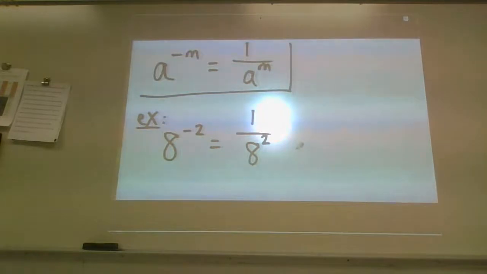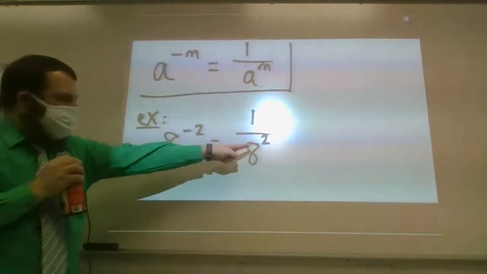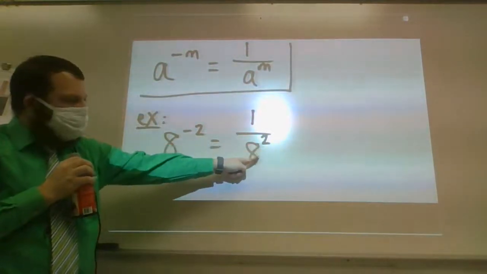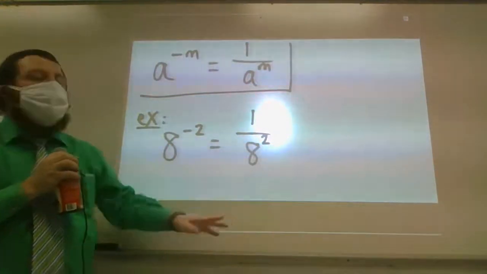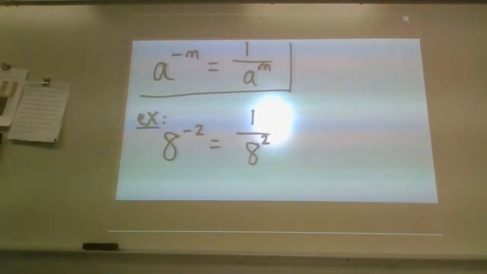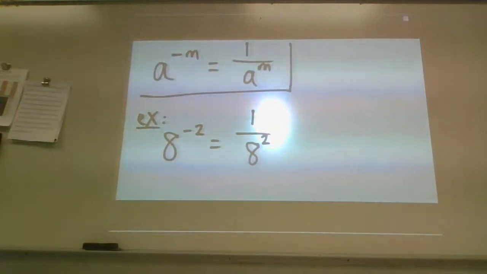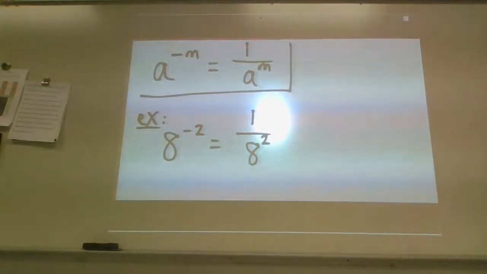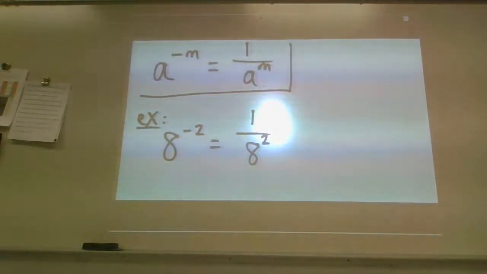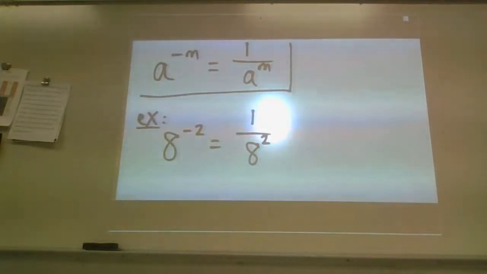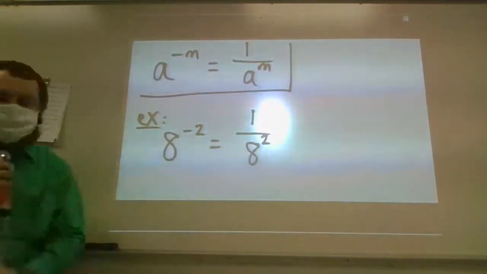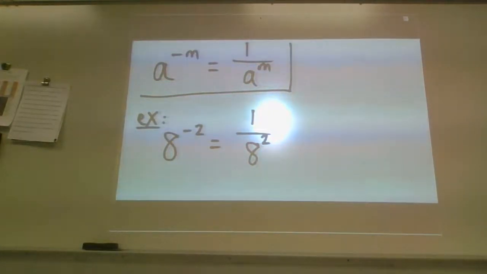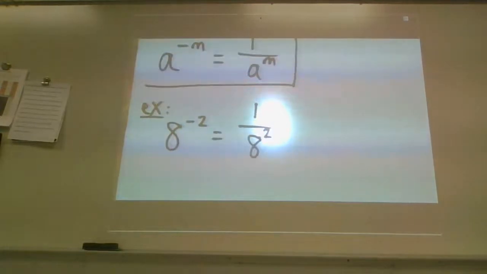Right where I'm walking up to, there is your 64. We have to turn it into a negative exponent. In order to eventually solve the problem we were working on, we have to turn it into a negative exponent to get the bases to be the same. We need the bases to be the same. It's a weird way of using this property, but this is what we need.